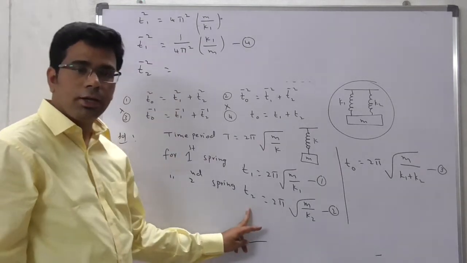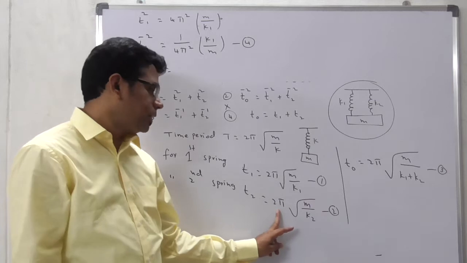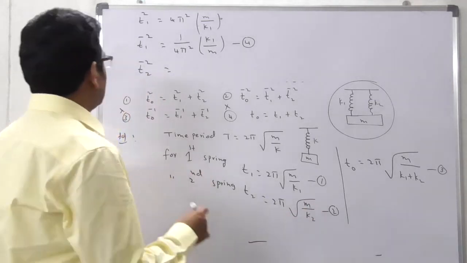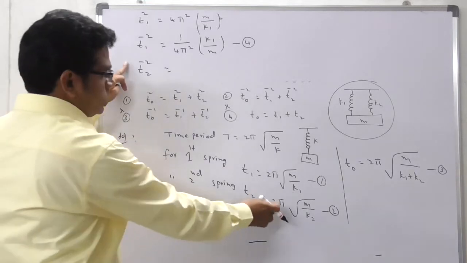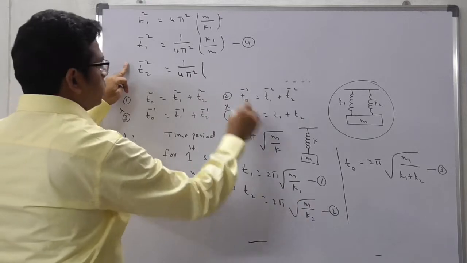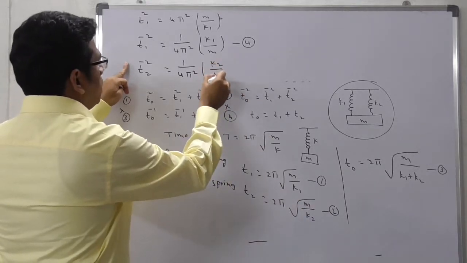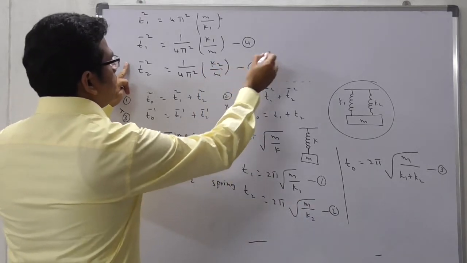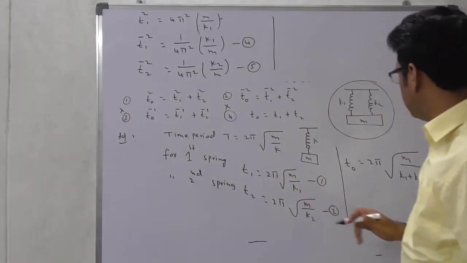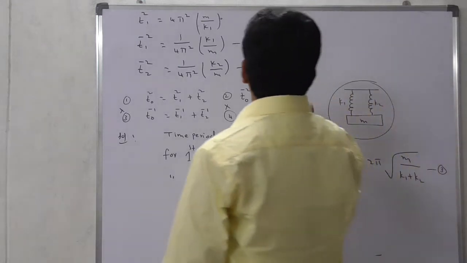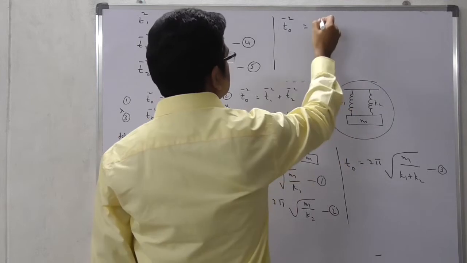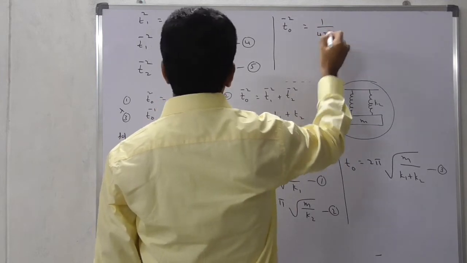What is T2 square? That is 4 pi square into m by K2. So write the reciprocal, that is T2 power minus 2. Similarly, we get 1 by 4 pi square into K2 by m, this is equation number 5. Now, square and reciprocal in a similar manner, T0 power minus 2 also we can write. This is 1 by 4 pi square.